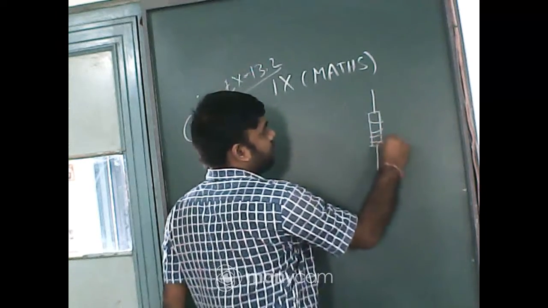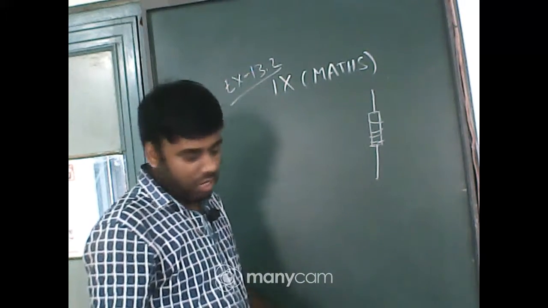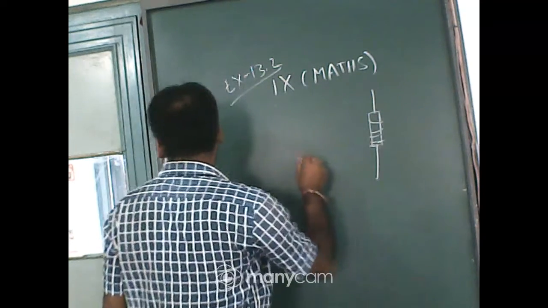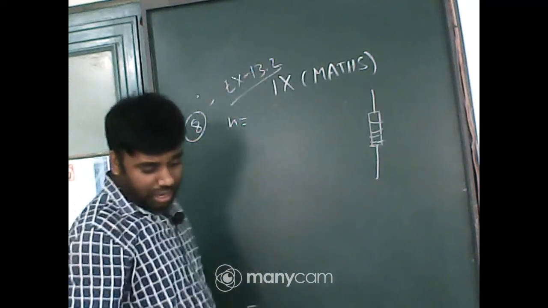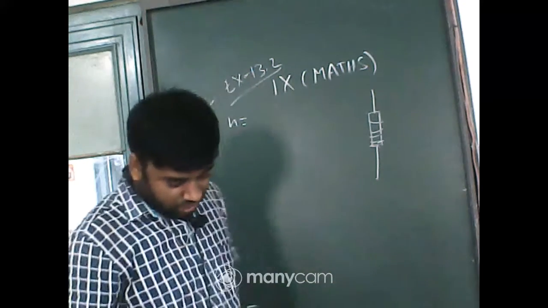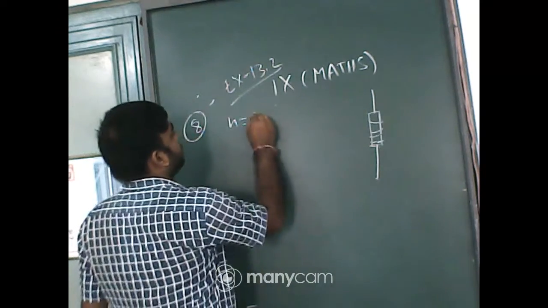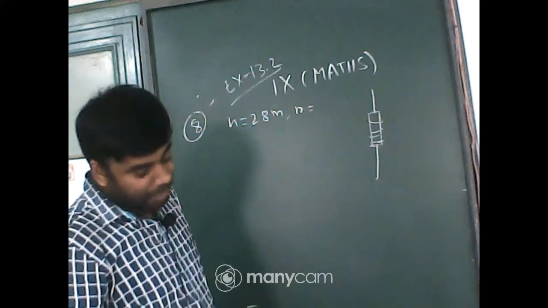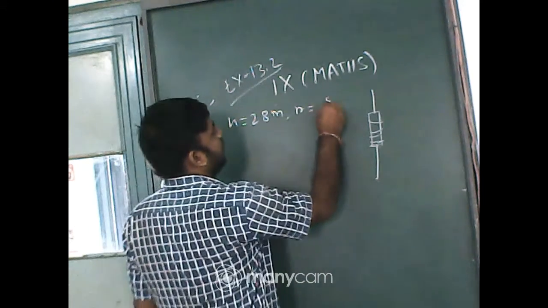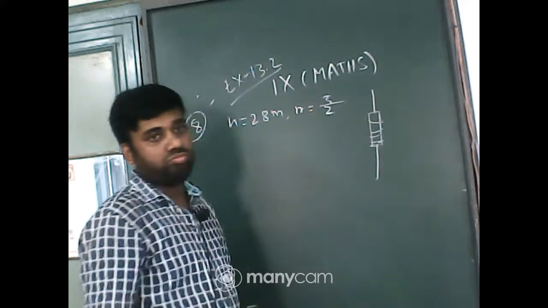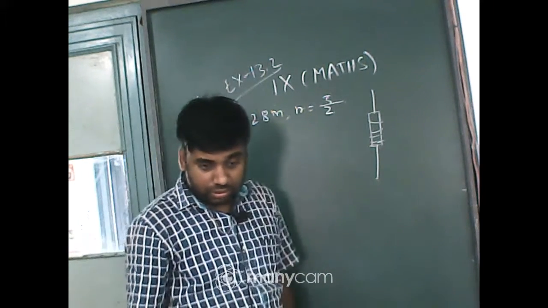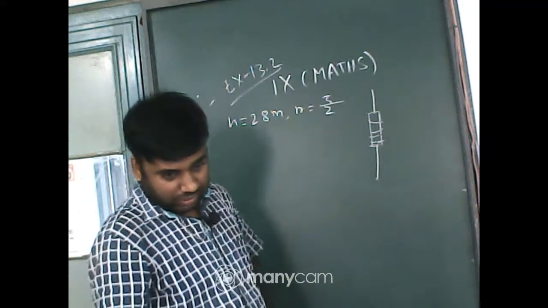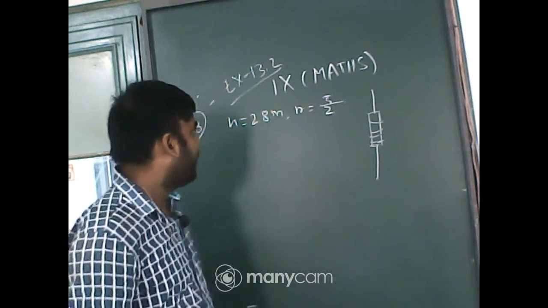In that hot water heating system, the length means height, which is given as 28 meter, and the diameter is 5 centimeter, so radius will be 5 by 2, that is 2.5 centimeter.